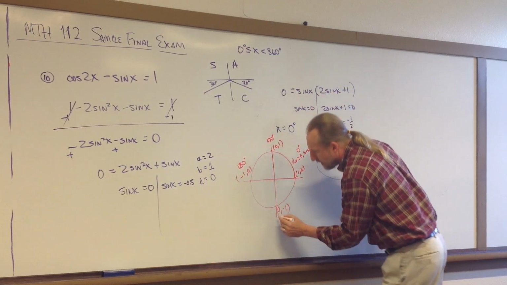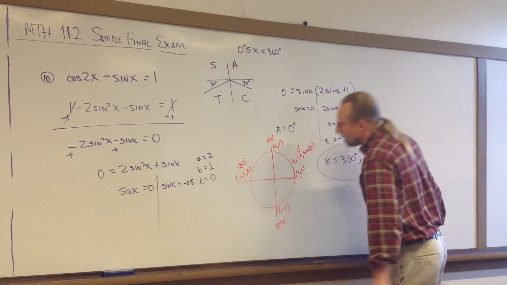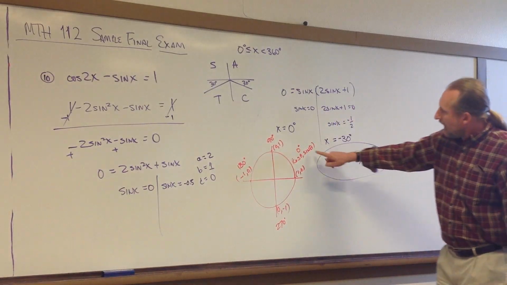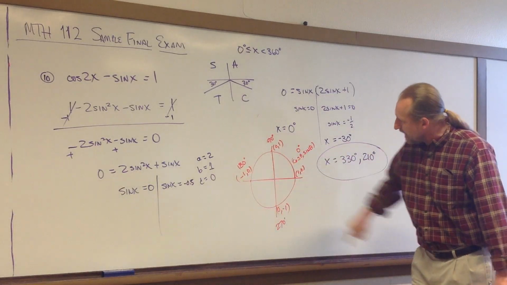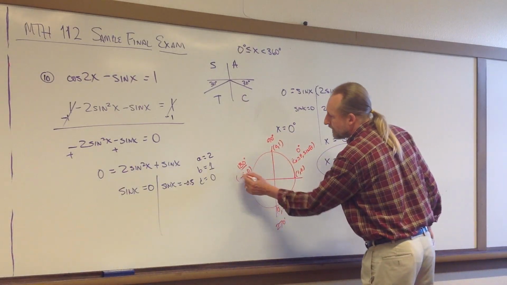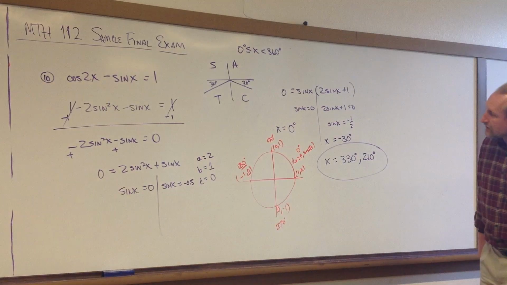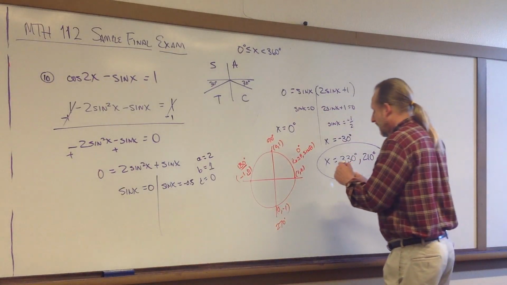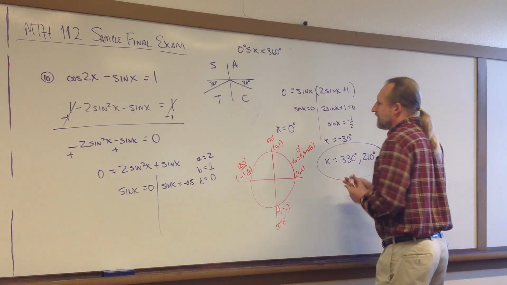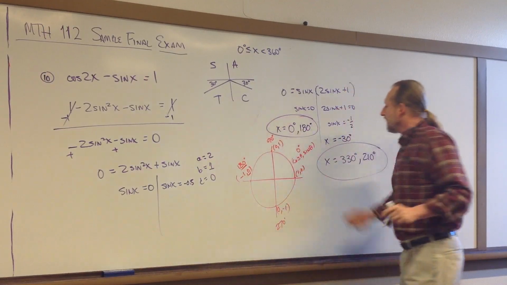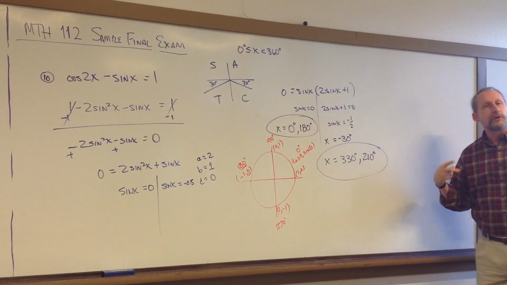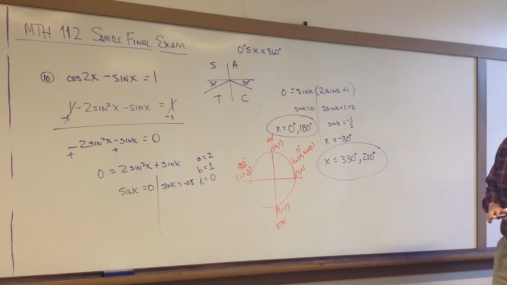This is 180 degrees. And this is 270. So, the sine is the y value. 0, 1, 0, negative 1. So notice that 180 degrees also has a sine of 0. And that's our final answer to this: 0 degrees, or 180 degrees, or 330, or 210. Okay? So there's problem 10.